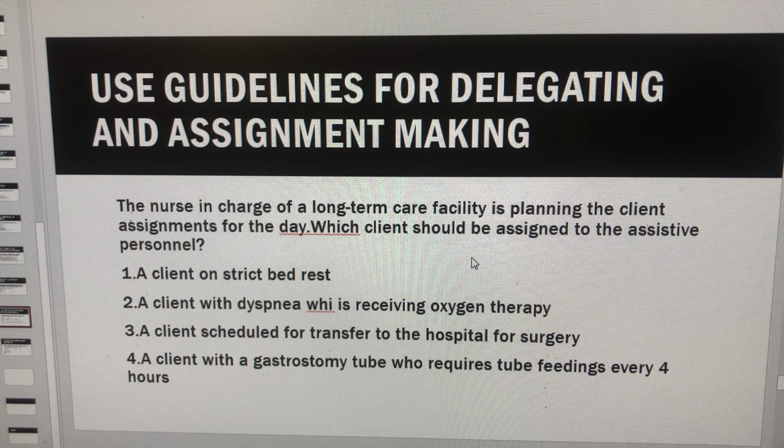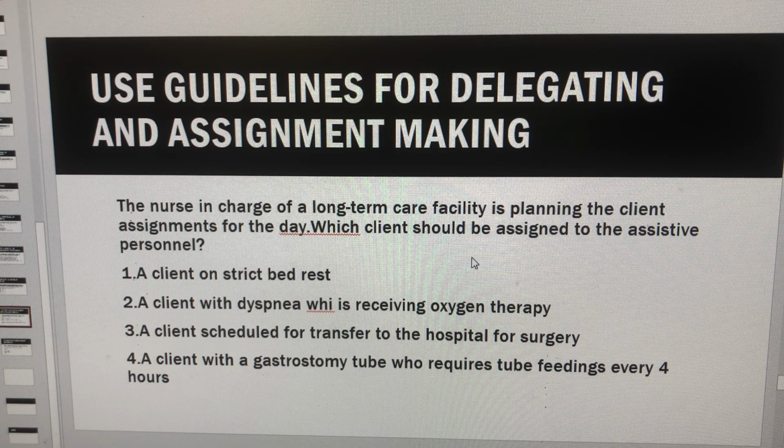Note the subject of the question, the assignment to be delegated to the assistive personnel. When asked questions about delegation, think about the role description and scope of practice of the employee and the needs of the client. A client with dyspnea who is receiving oxygen therapy, a client scheduled for transfer to the hospital for surgery, or a client with a gastrostomy tube who requires tube feedings every 4 hours has both physiological and psychosocial needs that require care by a licensed nurse.